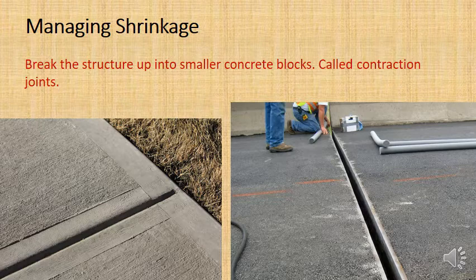If you are walking to the white building at UKH, and you're walking there from the entranceway, you will notice that the footpath, every 2-3 meters, has what's called a contraction joint, a small gap in the concrete that has been sliced through the concrete while it was still wet.